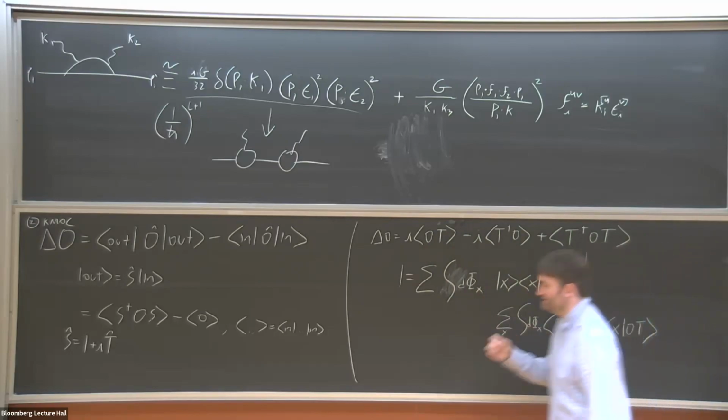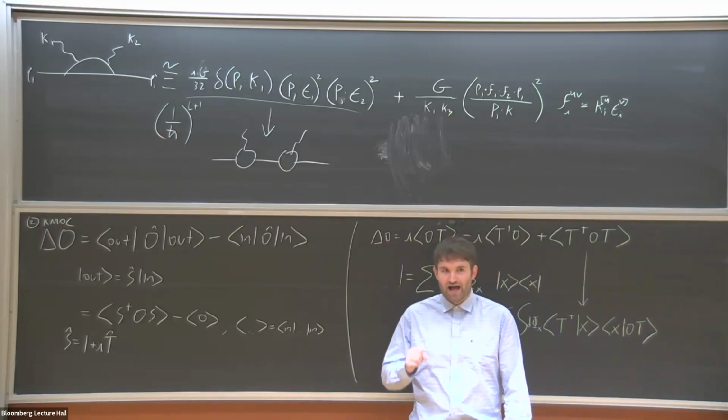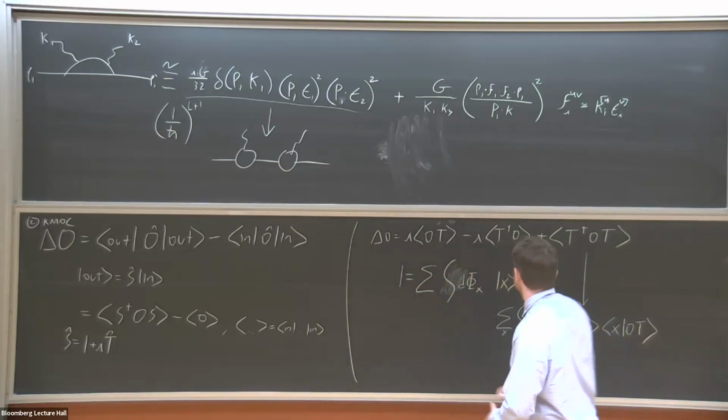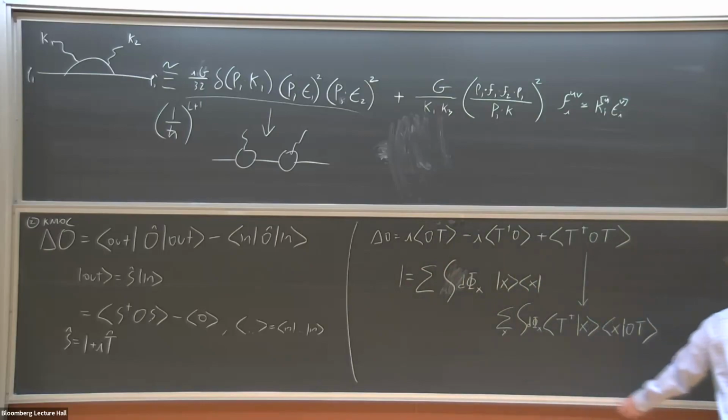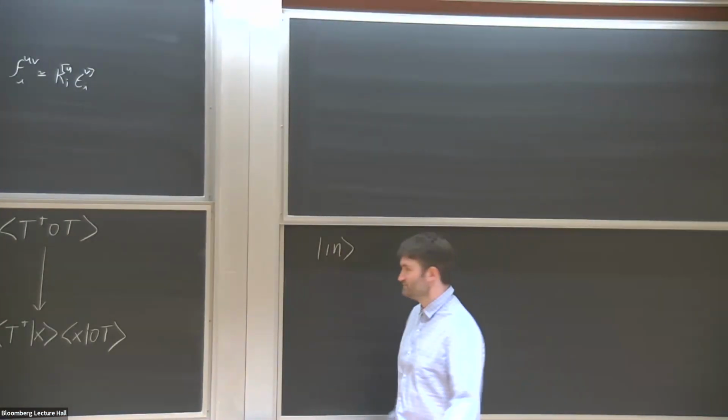However, the other key insight in the KMOC paper is that this formula simplifies a lot in the classical limit. And that's what I'm going to describe now. So here we should ask, what am I taking my end state to be? I'm taking my end state to be black holes.